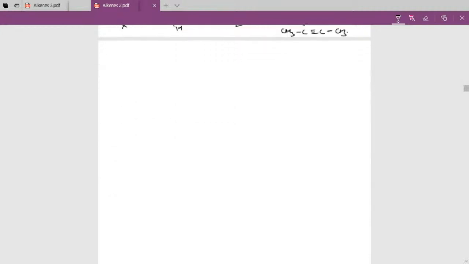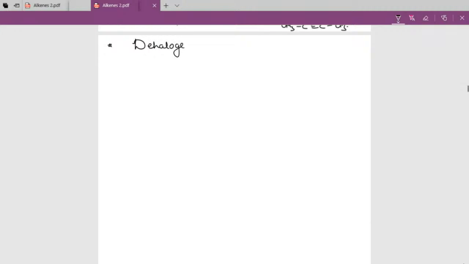Okay, so what are other examples of E2 reactions? Well, the first I'll say is dehalogenation. Dehalogenation of vicinal dihalides is also an example of E2 reactions.